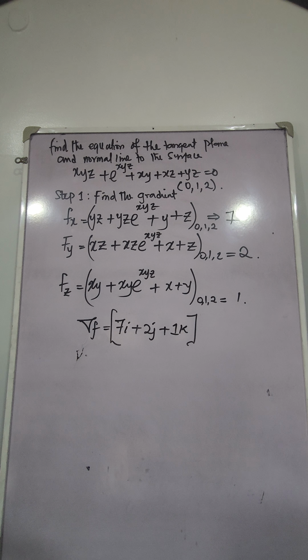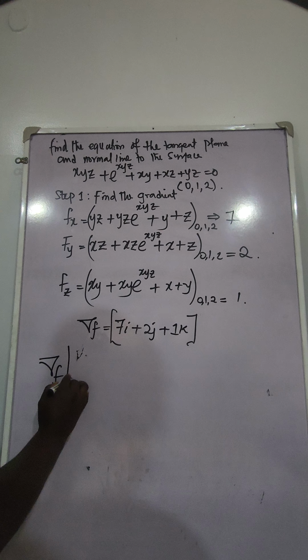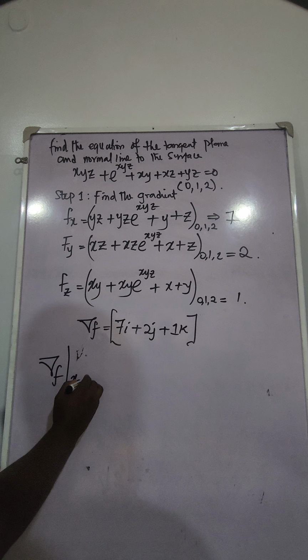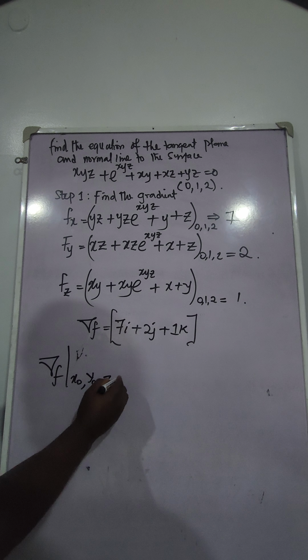So, having said all of those things, the gradient is important, such that we must also remember x naught, y naught, z naught, and multiply it by (x minus x naught), (y minus y naught), and (z minus z naught).